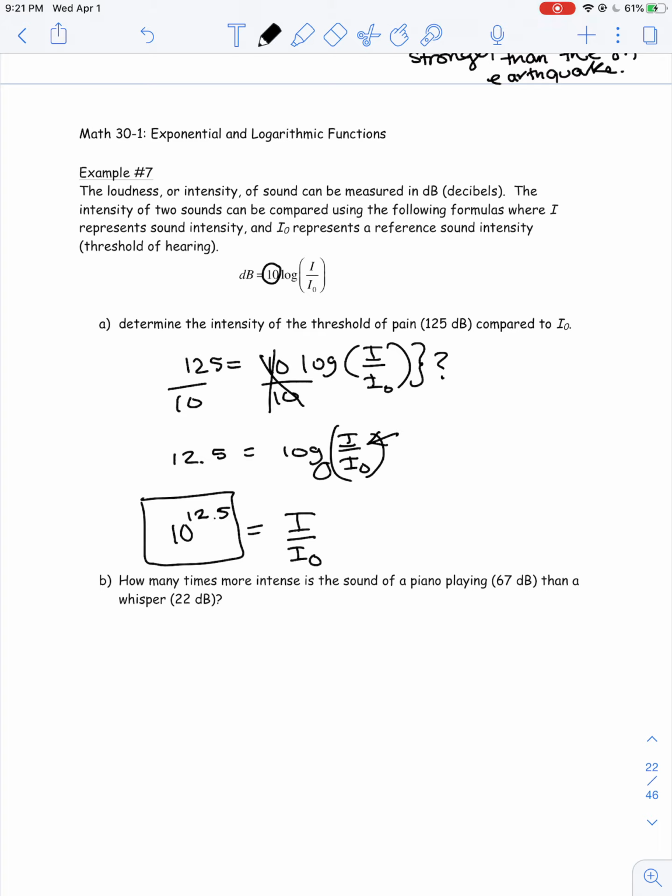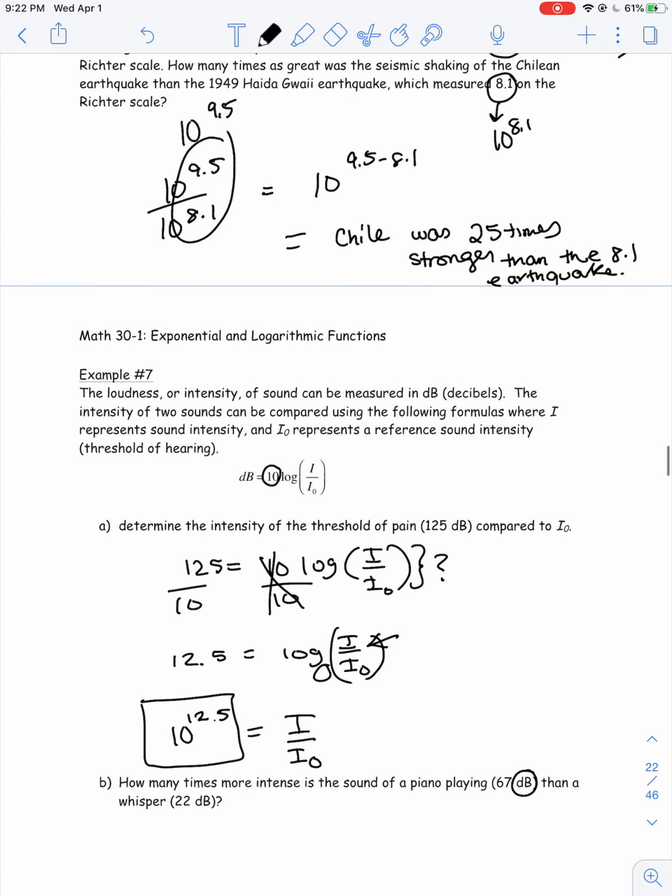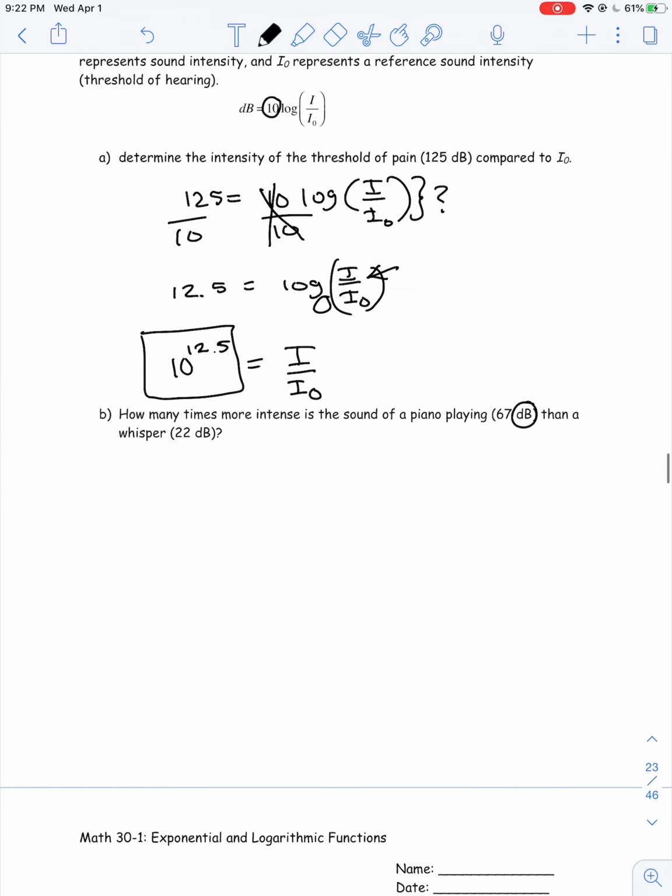Now we want to compare two decibel levels. The trick is using the same thing we did before, but whenever we have decibels, we have to divide those numbers by 10. In the earthquakes, we just had to take 10 to the power of those numbers, no extra work. But here we have to divide these numbers by 10 first. So that's going to be 6.7, and this one's going to equal 2.2.